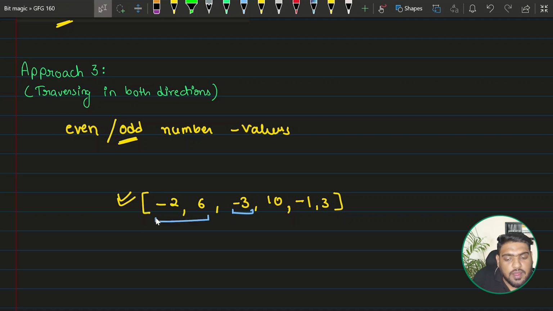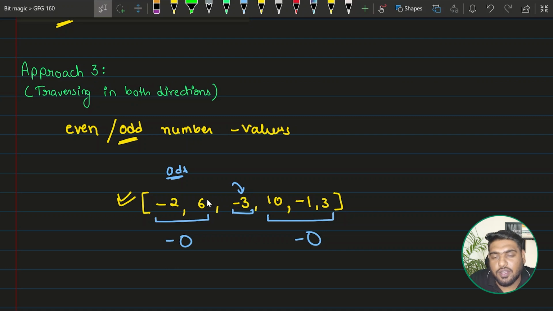We can either take this subarray or we can take this subarray. In both cases, for our specific example, we only have one negative. That means an odd number of negative values here. So this will turn to a negative number eventually, signifying that -3 might not be the best negative value to avoid.